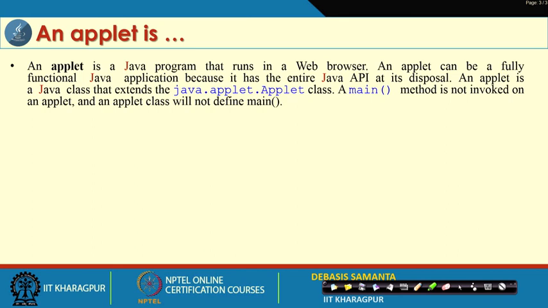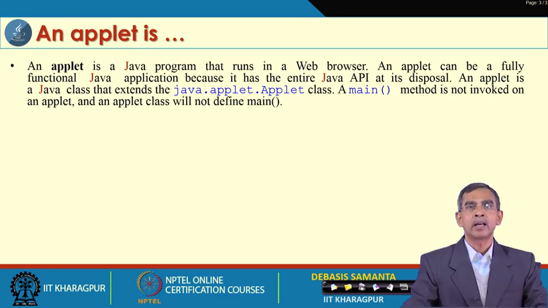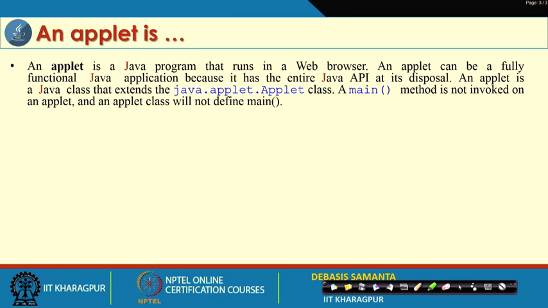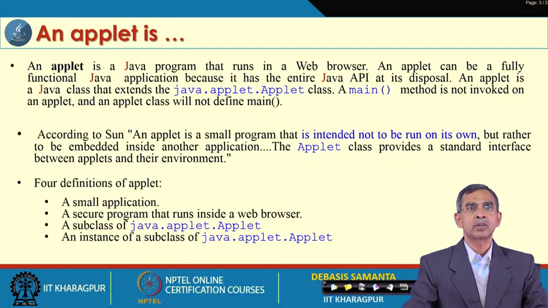On the other hand, core programs we do not run using a web browser; we can run them independently from the console itself. AWT is similar to core programming in that we do not need any web browser to run a program developed using AWT. So this is one difference. There are many more differences also.